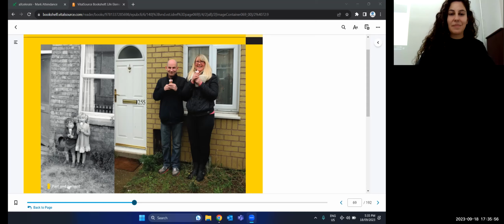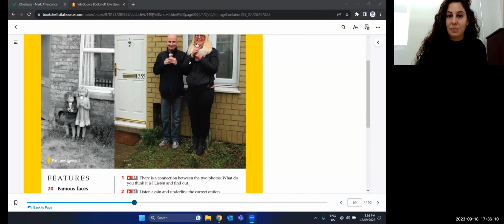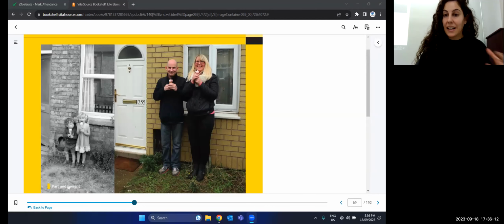So past and present. That's the photograph. So one photo and another photo. So we can see that there is a connection between these two photos. Like I said, it looks like they're probably the same people. So maybe brothers and sisters. It looks like it's the same background, the same house, because I can see the window and I can see the door, the bricks.